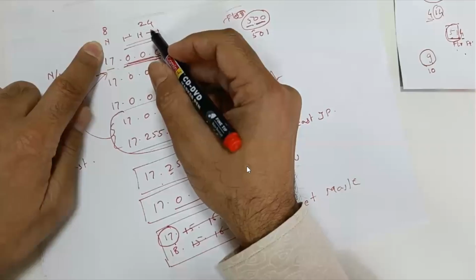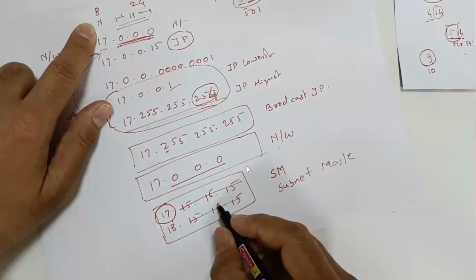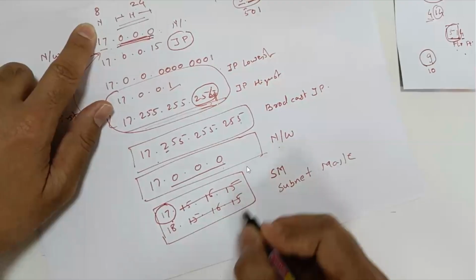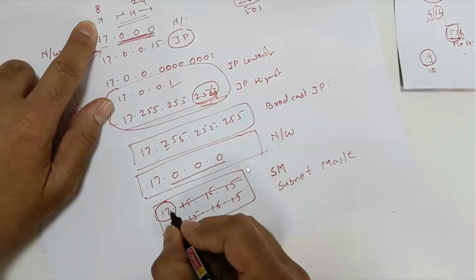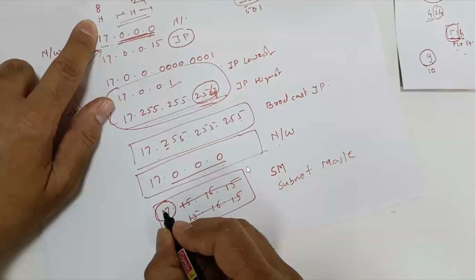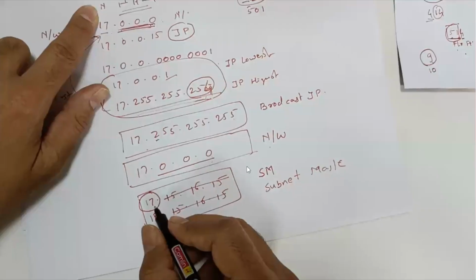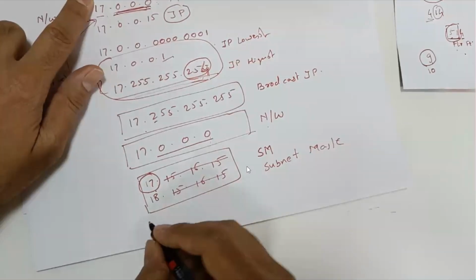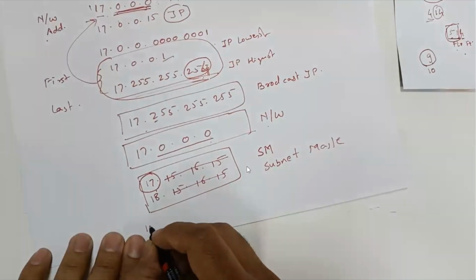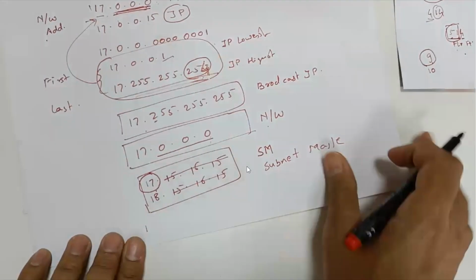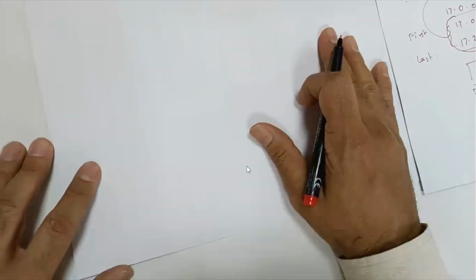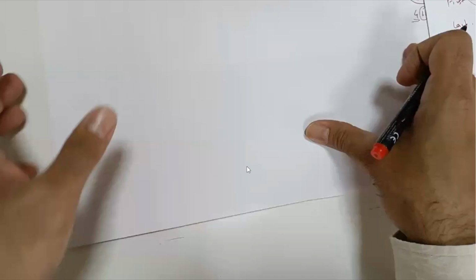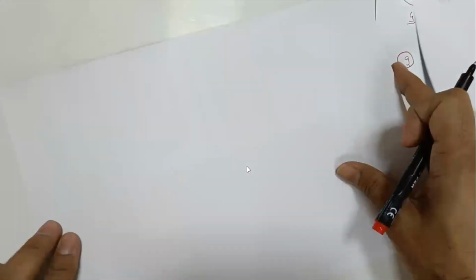So given an IP address, I want some data to be ANDed so that I can get only the network part. So if you AND the data, can you give me the binary value for 17?